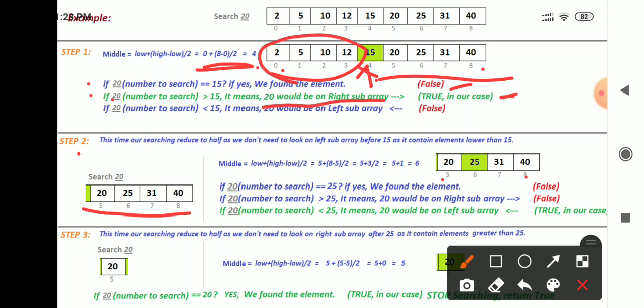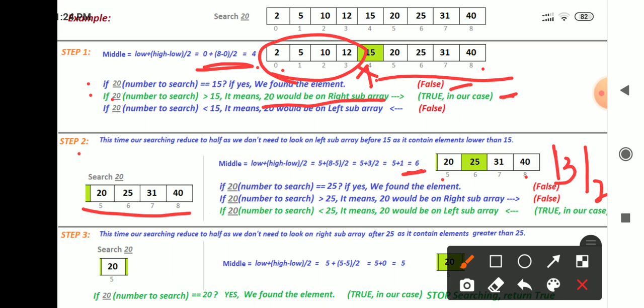So 5 plus 8 is 13, and 13 divided by 2 is actually 6.5, but here we have to use the floor, so the integer value is 6.